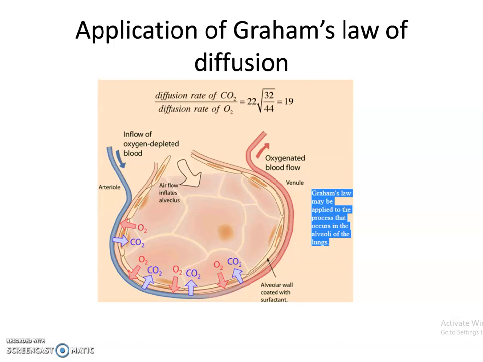So Graham's law of diffusion is operating in our alveolar sacs. So far we have seen nearly six laws, namely Boyle's law, Charles's law, Avogadro's law, Gay-Lussac's law, Dalton's law, and Graham's law of diffusion.